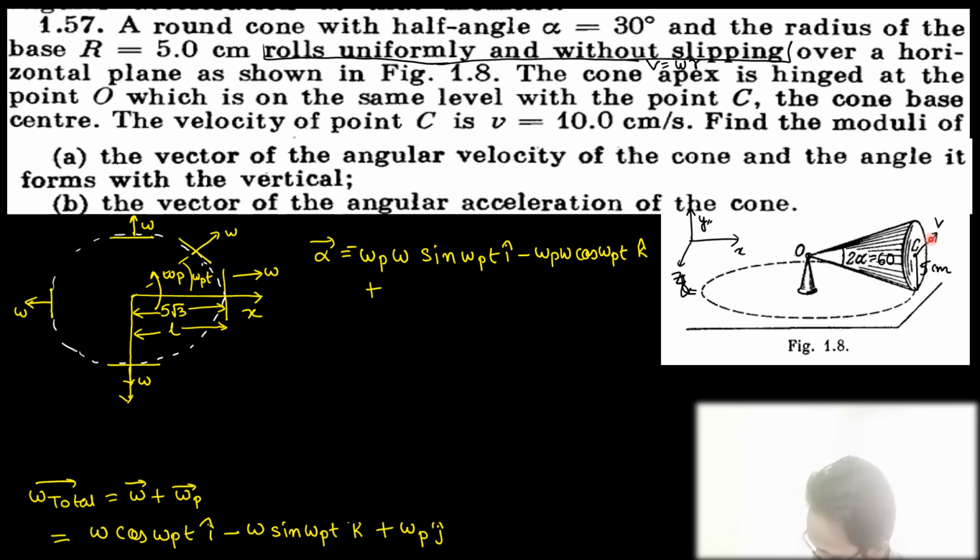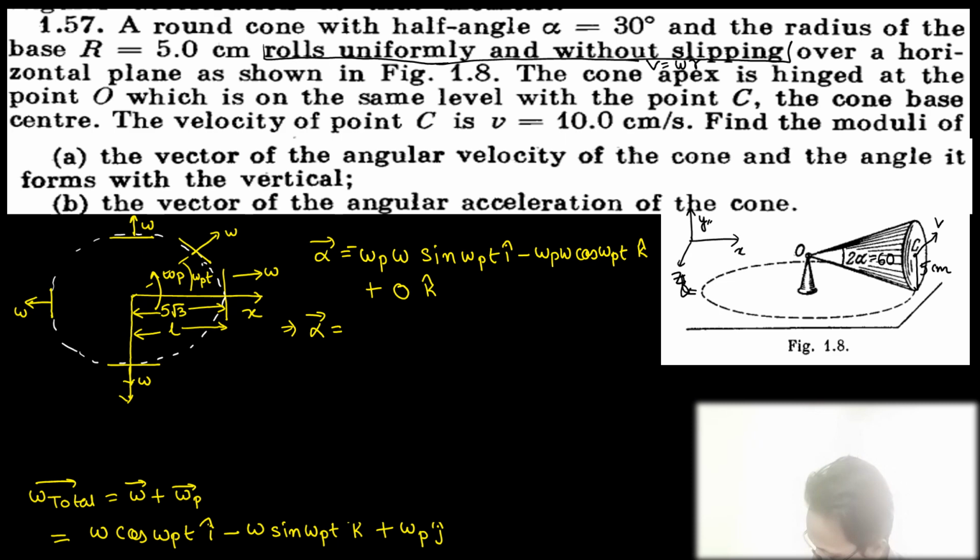Of course, because the velocity is constant, omega p will be constant, plus 0 k. So the acceleration would be equal to minus omega p, this value.